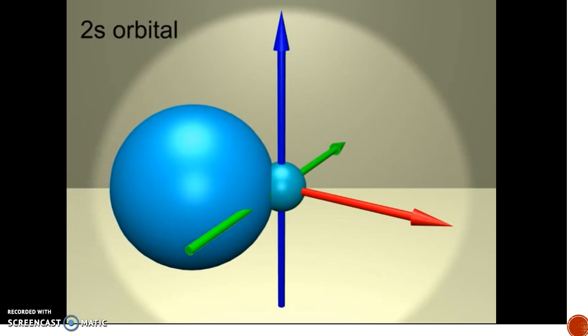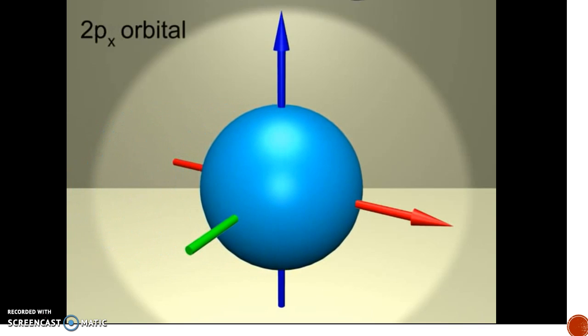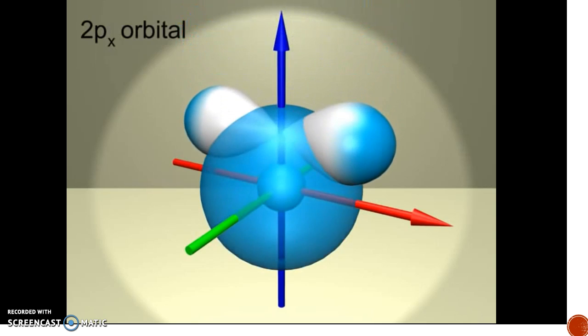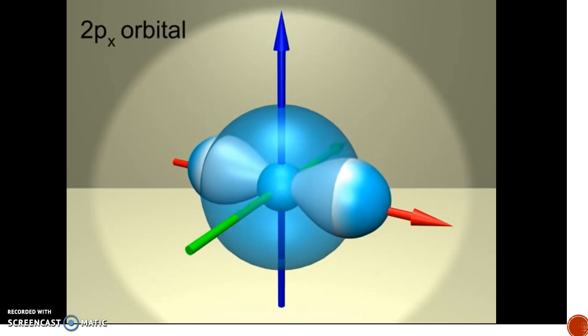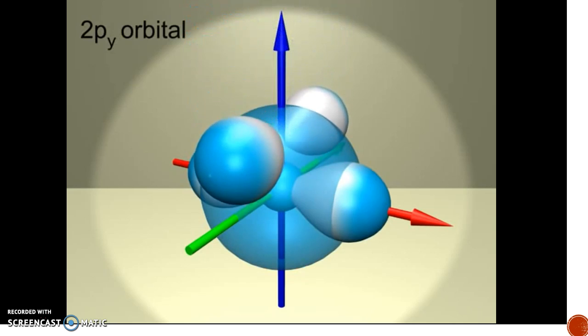Here is the 2s orbital, and it's still a sphere, but it's a little bit bigger. So it kind of looks like Bohr's models, except spherical instead of 2-dimensional. And then the 2p's have these 2 lobes, and each of those 2p orbitals can hold 2 more electrons, and together they hold 6.